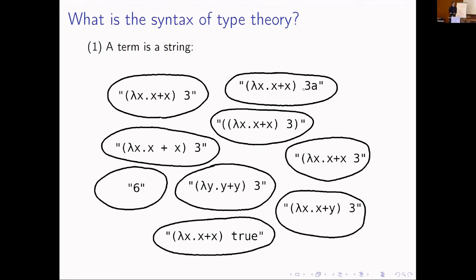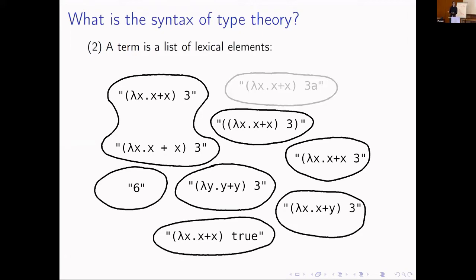One way to make this precise is to define some relation on strings which says which two strings are equal, and define a predicate on strings saying which strings are proper. But we don't usually do that. Instead we say that a term is not a string anymore, but a list of lexical elements.